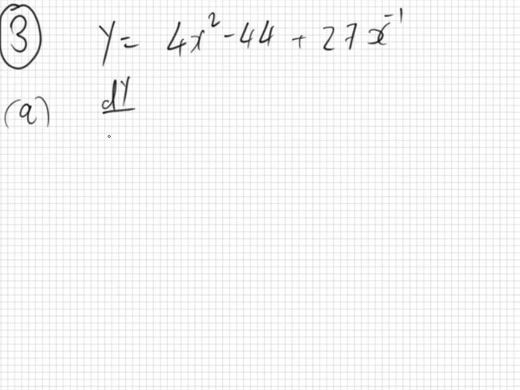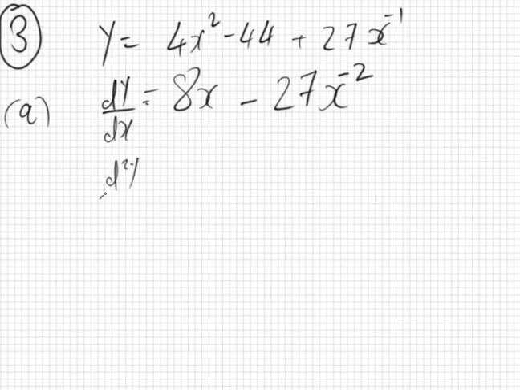It would be 8x minus 0, it's gone, minus 27x to the minus 2. And then derivative again would be 8 plus 54x to the minus 3. And you can see that's already part A done.